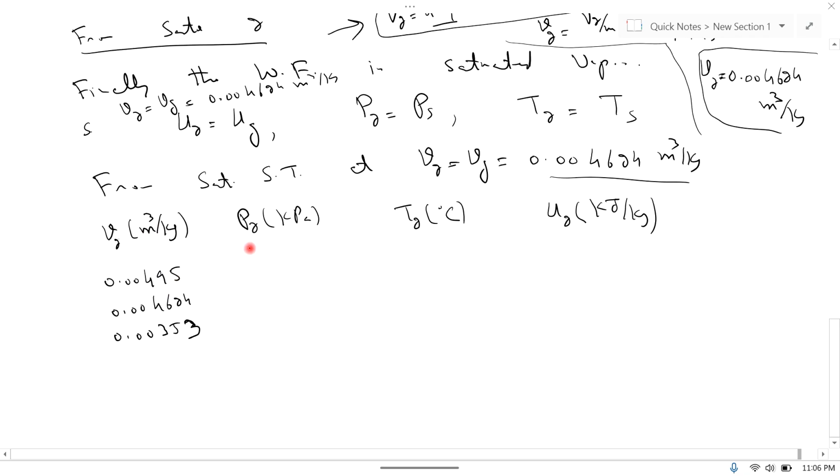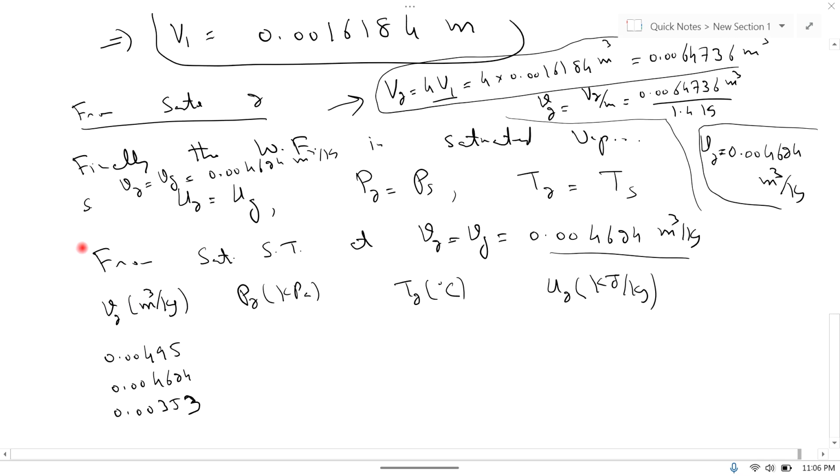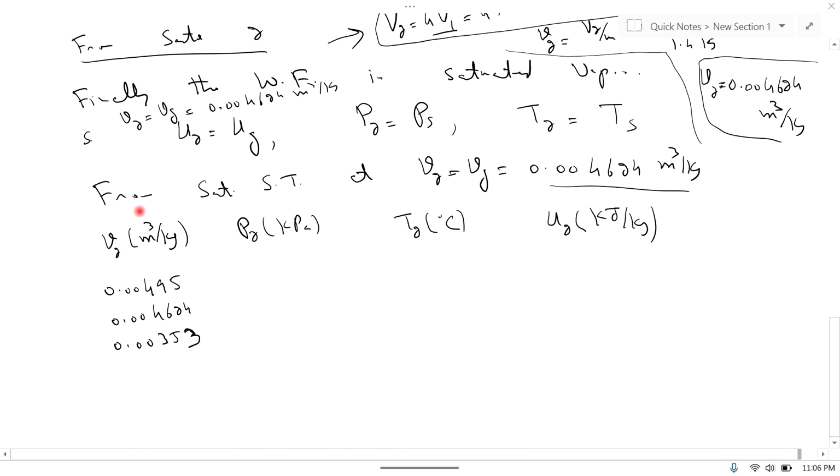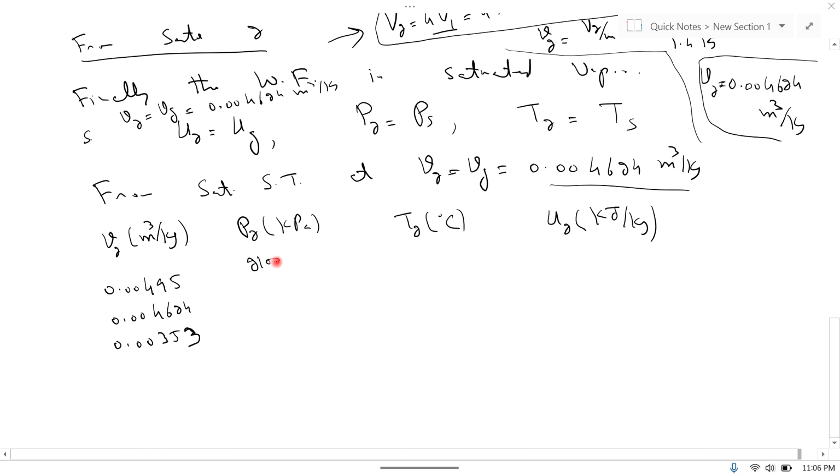Now find P2, T2 and U2 in front of these values. In front of 0.00495, pressure is 21,000 kilopascal, and in front of 0.00353, 22,000 kilopascal, and we have to find P2.